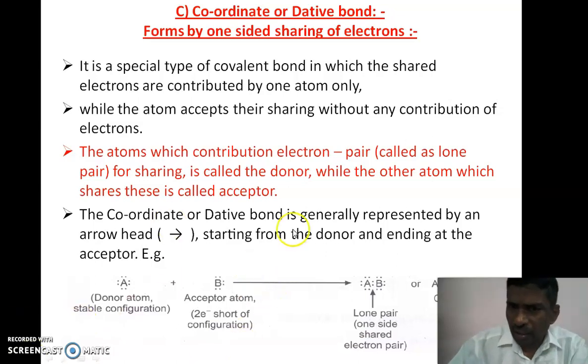For example, in the formation of this bond, one atom is a donor and has a chemically stable electronic configuration.